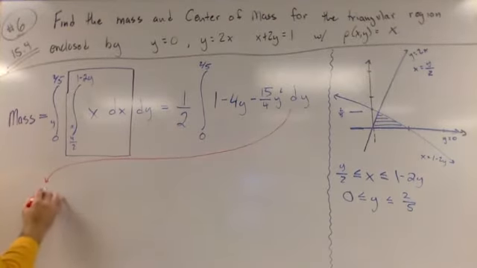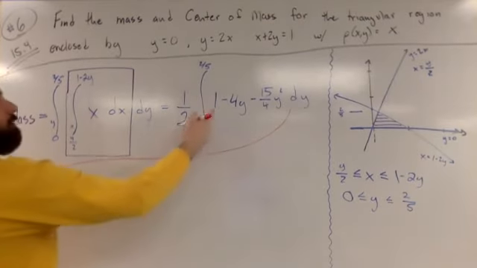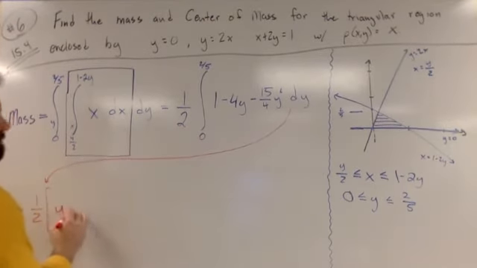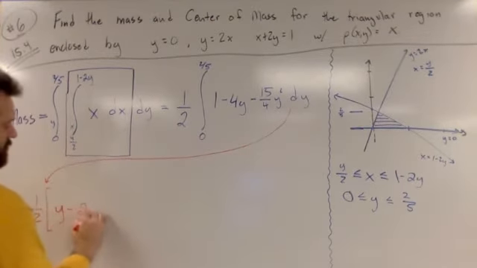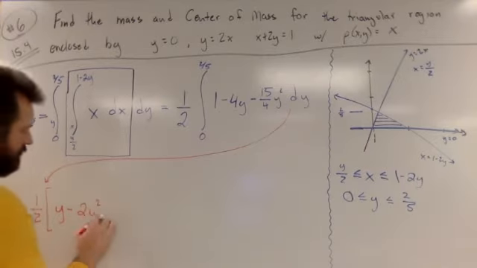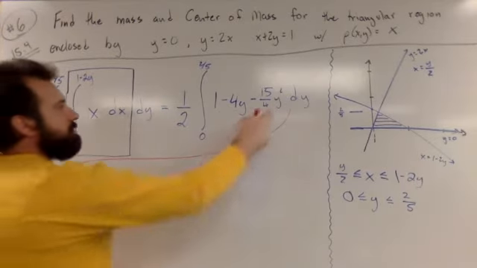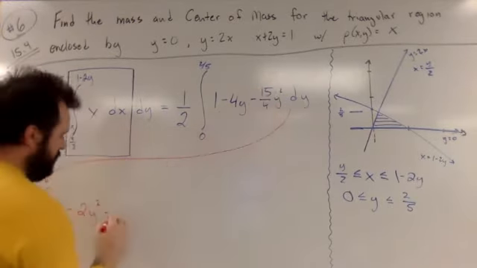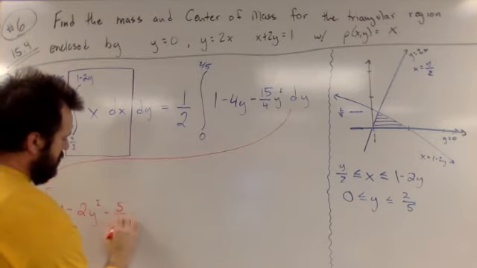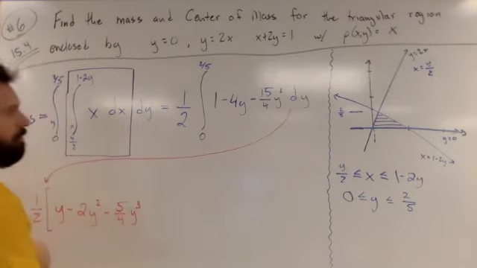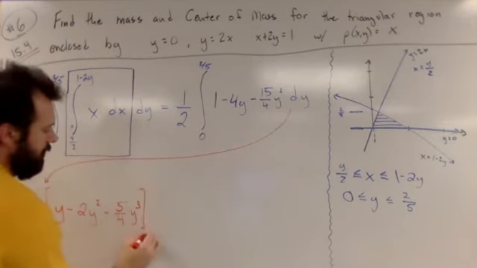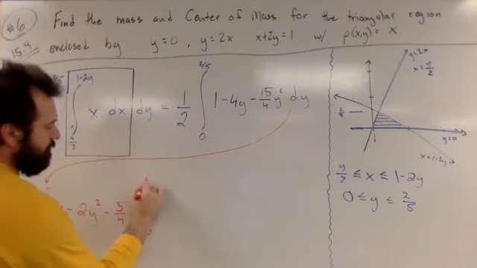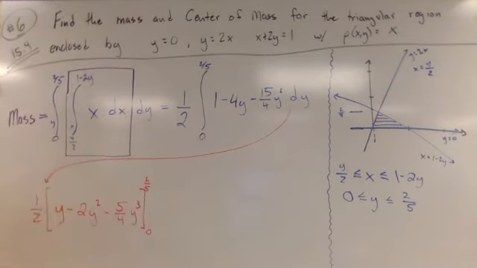I have 1/2 times, that's going to become y minus 2y squared minus, this is going to become a 1/3, so that'll be 5/4 y to the 3rd. I'm going to evaluate that between 0 and 2/5.